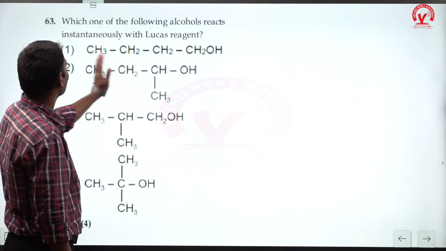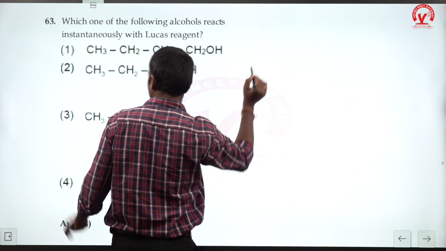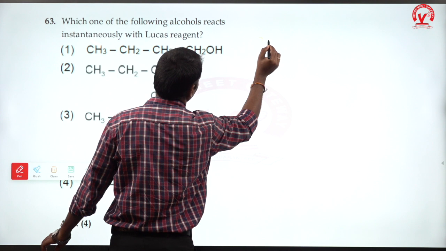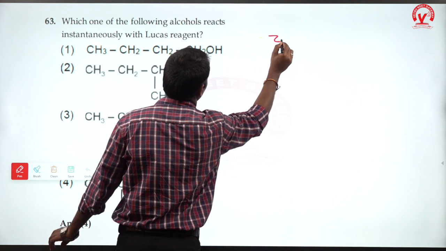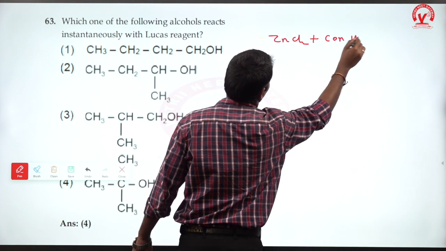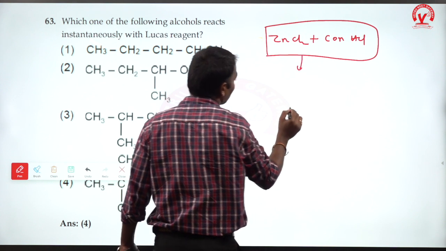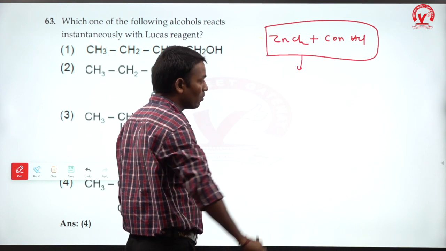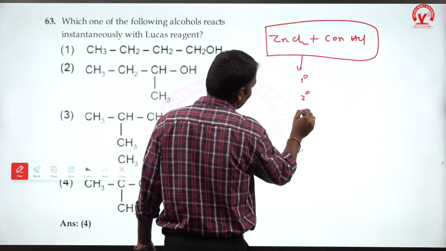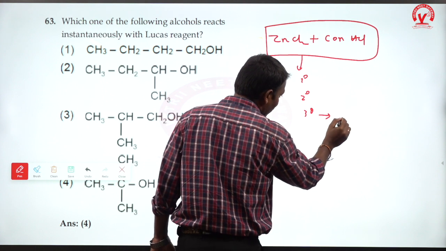Which of the following alcohols react instantaneously with Lucas reagent? Lucas reagent is ZnCl2 plus concentrated HCl. This is a test for different alcohols: primary, secondary, tertiary. Tertiary alcohol will give turbidity instantly, within fraction of seconds.